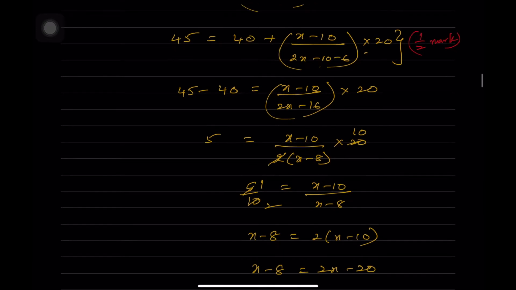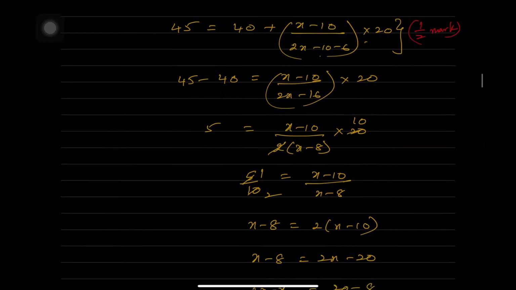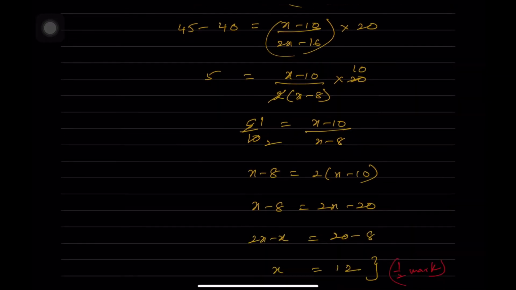You bring this 10 the other side. Dividing 10 on both the sides also you can tell. So 5 by 10, and here if you divide by 10 it becomes 1. So 5 by 10 is equal to (x minus 10) by (x minus 8). So cross multiply: x minus 8 is equal to 2 into (x minus 10), which implies that x minus 8 is equal to 2x minus 20.